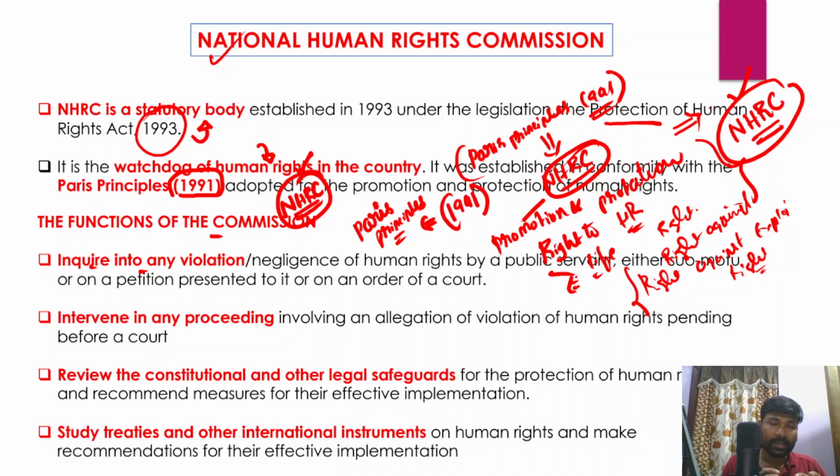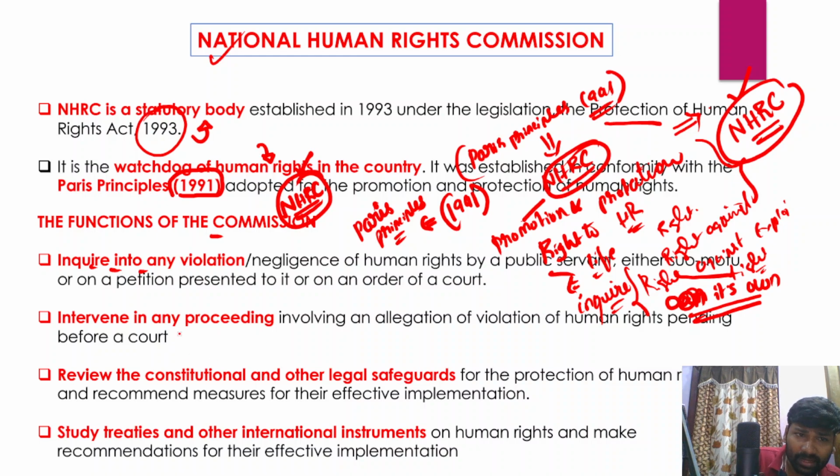In fact, it can conduct an inquiry suo motu, on its own. Suo motu means on its own, without receiving any complaint. It inquires into the violation of human rights on its own, and also after receiving a complaint from somebody.